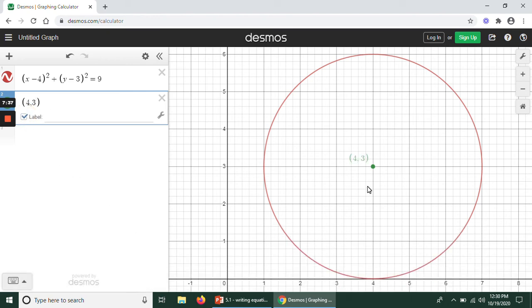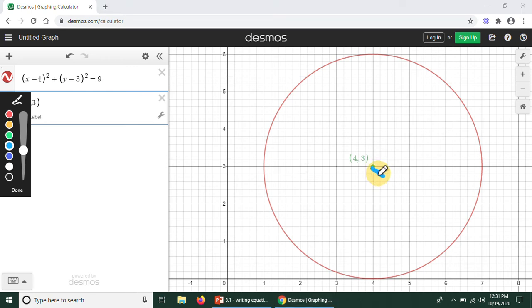As you can see, let me show you. This is the center of our circle, right here. And notice that the x coordinate for the center is positive 4 and the y coordinate for the center of the circle is positive 3.